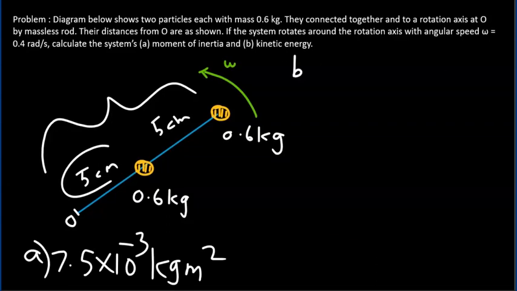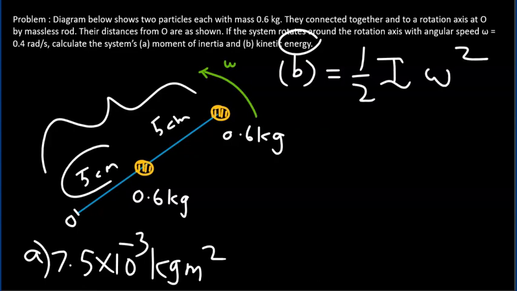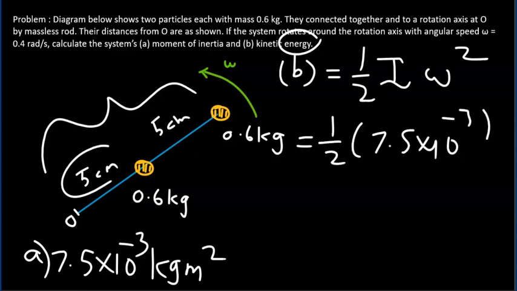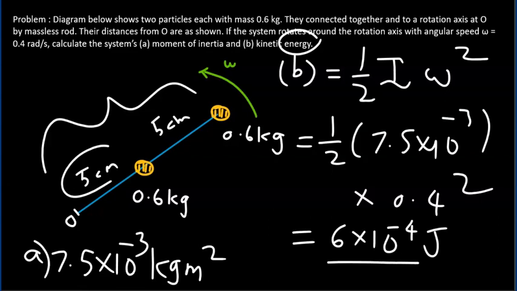Having found the moment of inertia, the kinetic energy of rotation is quite simply half times the moment of inertia that we have computed in part A times the square of the angular speed. So now that's going to be half times 7.5 times 10 to the power minus 3 times the square of 0.4. And that will be 6 times 10 to the power minus 4 joules. And that solves the problem.